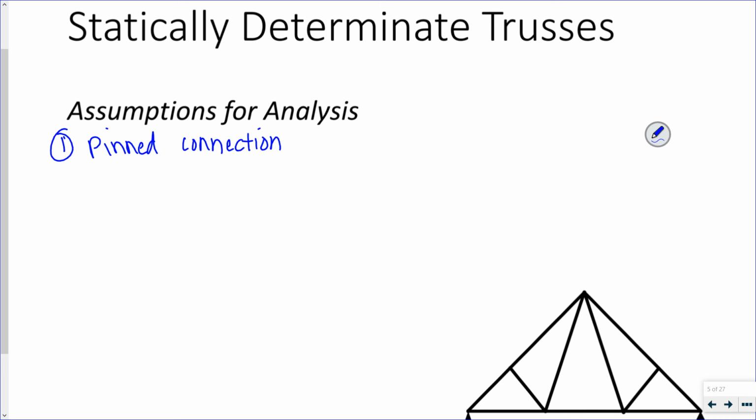And since we're talking about a 2D coplanar truss, that means we have Fx and Fy being transferred only at each joint. The joint can only transfer horizontal and vertical force. Well, it can only transfer force, and those components can be broken up into the X and Y components.